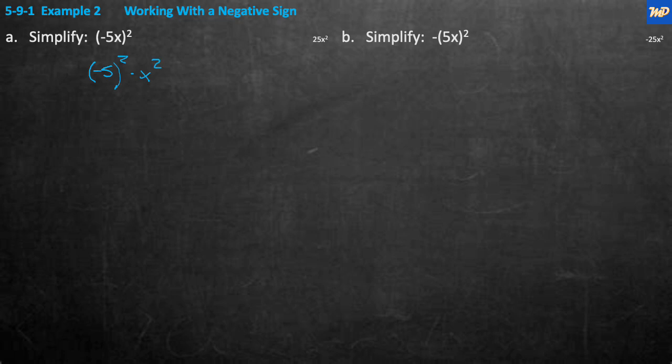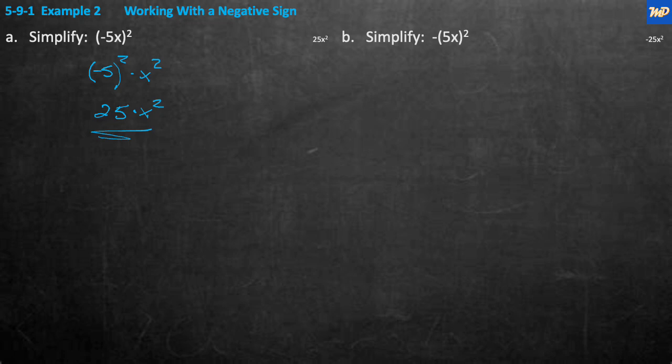Since the negative sign is in here and you're squaring it, you're raising it to an even power. 2, 4, 6, 8, these are all even powers. The two negative signs cancel each other. If we are raising it to an odd power, 3, 5, 7, 9, then it would remain negative. But we're not. We're raising it to an even power. So it becomes 25 times x squared.